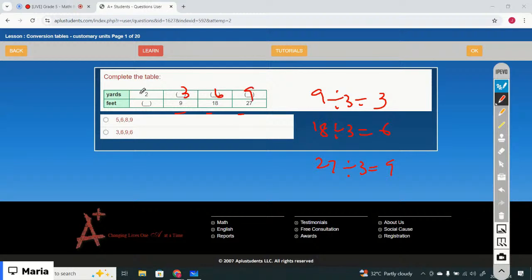For this one, you have to convert from yards to feet. You need to multiply. 2 times 3 is 6. So the answer is 3, 6, 9, 6. Option number 2 is the correct option.